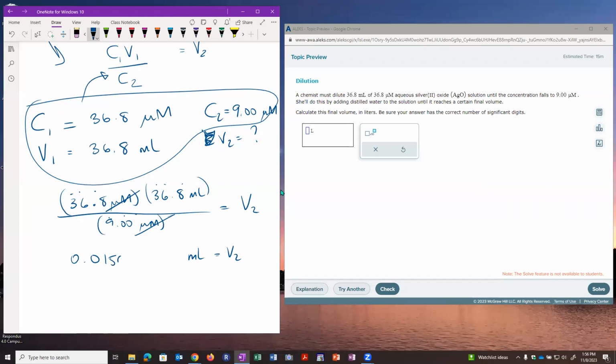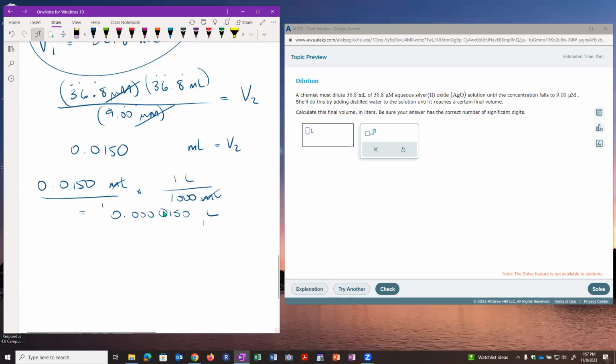So 0.0150, that would be my mils to get to liters. Okay, that's another metric conversion. So in every liter, there's 1,000 mils. So we divide by 1,000, in other words. So this becomes 0.123, and then 0.150 liters. Obviously, that's a little cumbersome to work with, so we can express it in scientific notation.